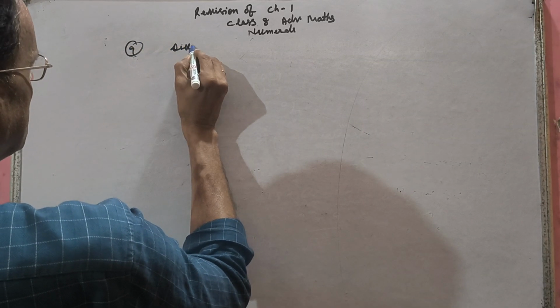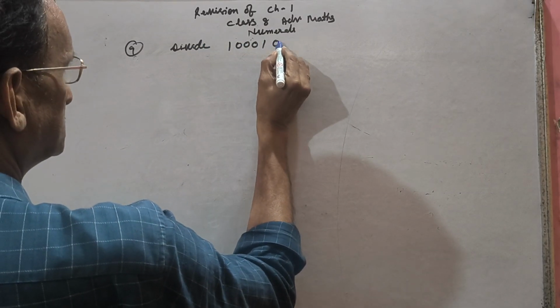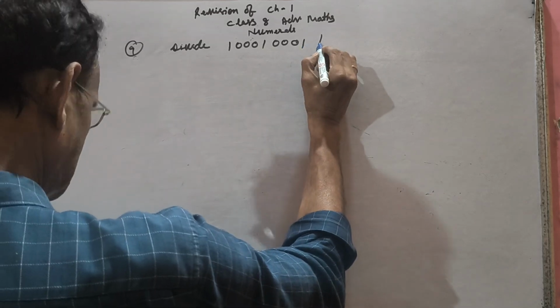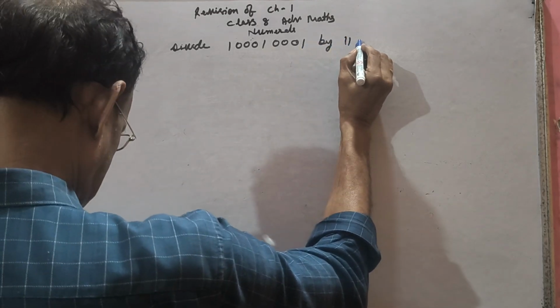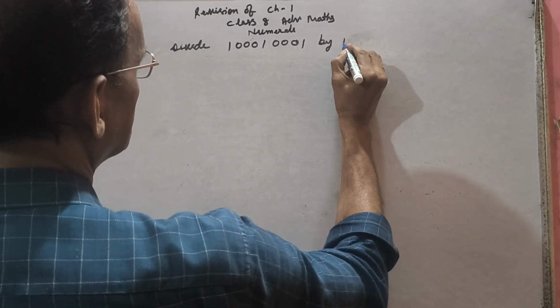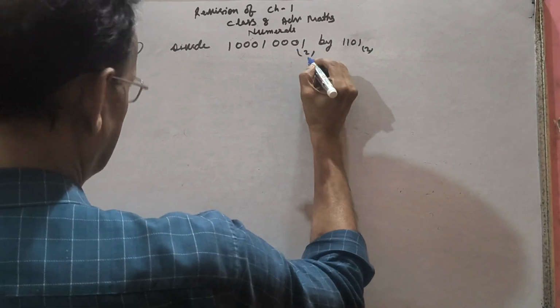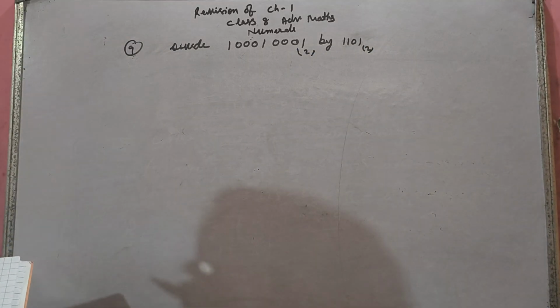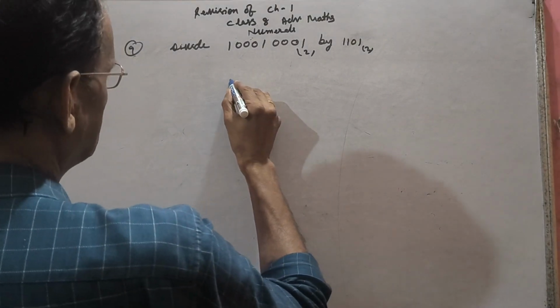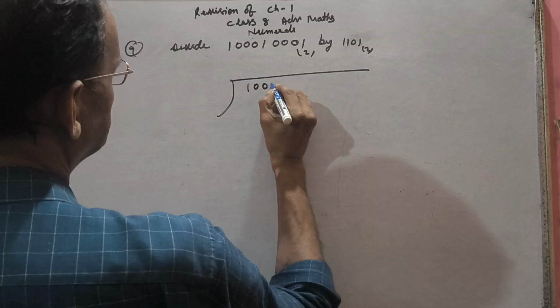Divide 1001001 by 1101. Base is 2. Okay. So start now. Divide. Enjoy it. It's not difficult.